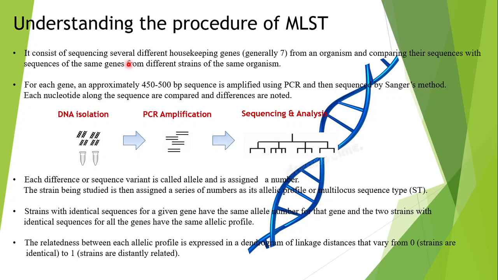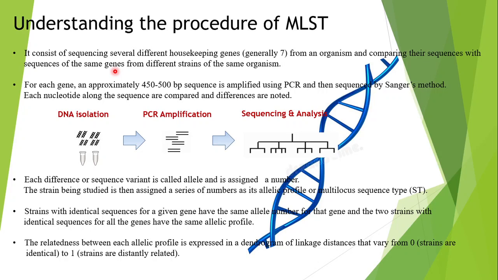Now coming to the procedure, MLST takes into account sequencing of several different housekeeping genes. Housekeeping genes are the genes that are essential for survival, and it compares them with sequences of the same gene from different strains of the organism.